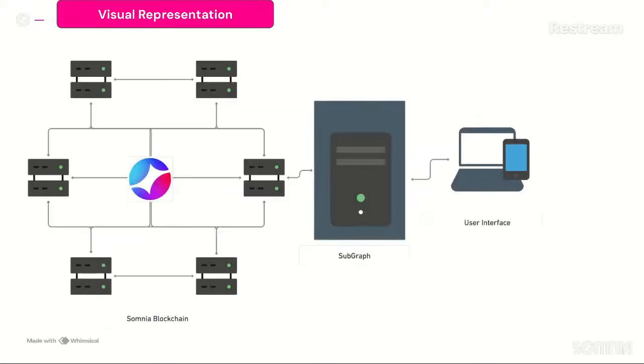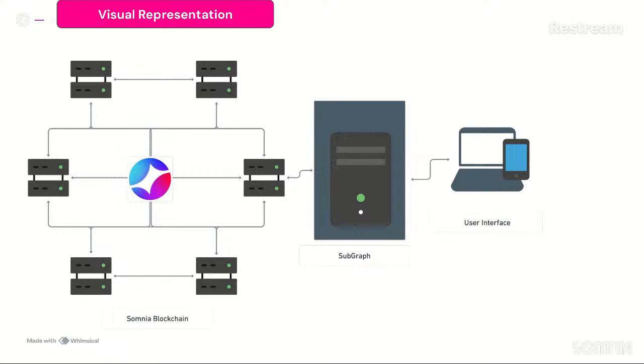Before giving you a more detailed breakdown, I want you to have this mental model as we go through the rest of the session. So what you see on your screen is the blockchain on the left, and then a user interface on the right, which could be mobile or desktop. And then we have the subgraph services sitting pretty in the middle.